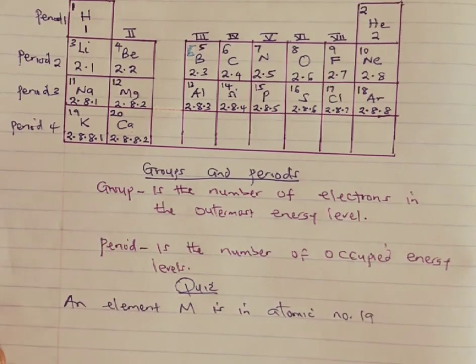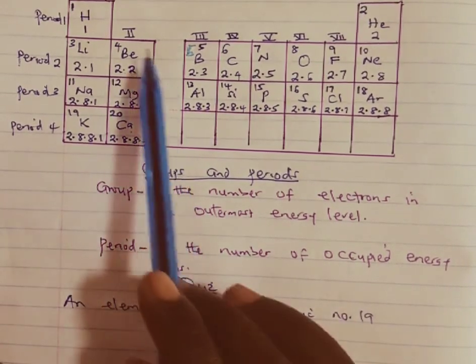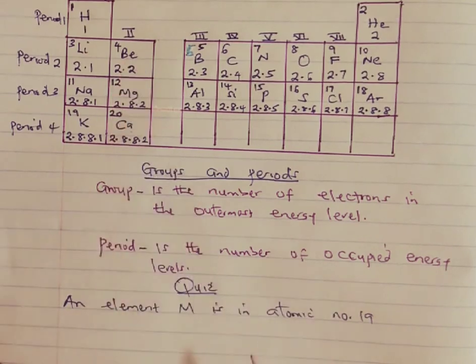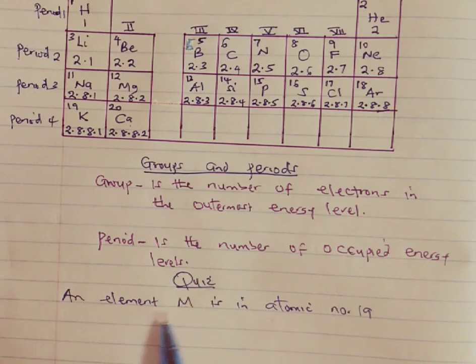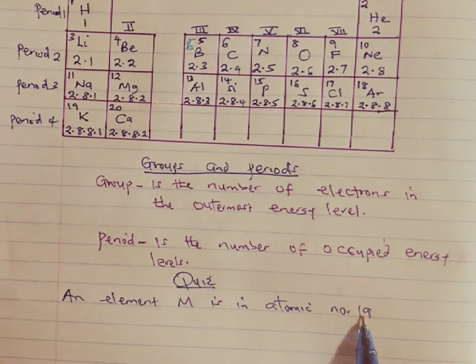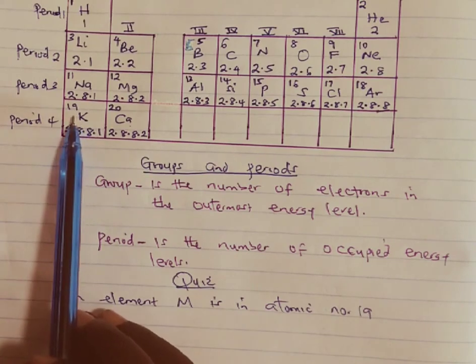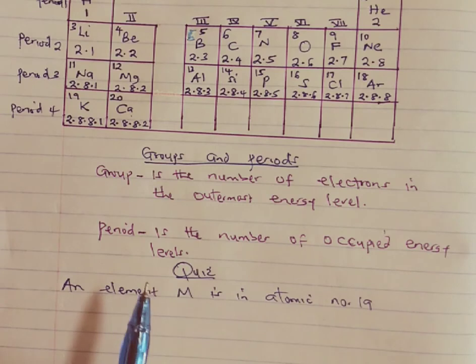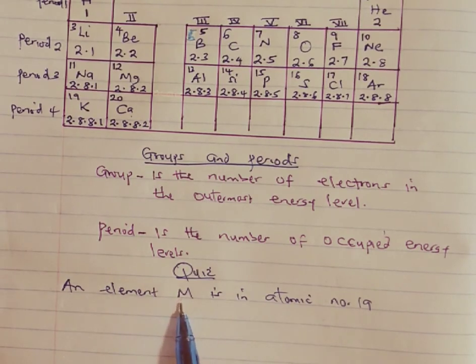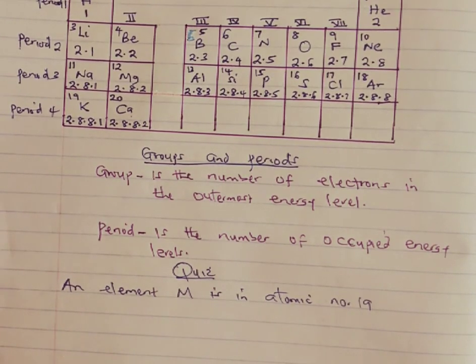So in an exam situation, these elements are not given, they are really chemical symbols, so they are given different letters. But we know element M is in atomic number 19, and the element in atomic number 19 is potassium. But we have to address this question in respect to the element M.